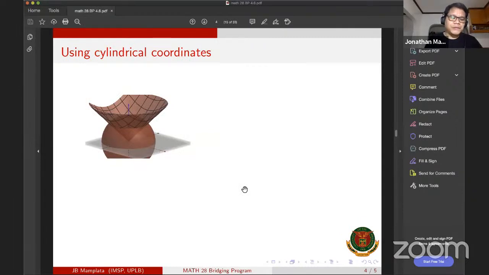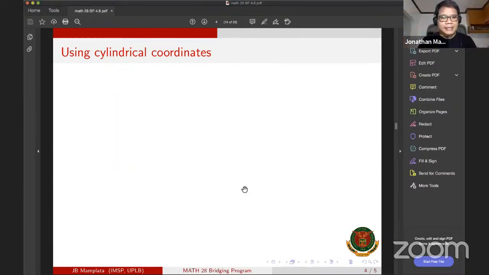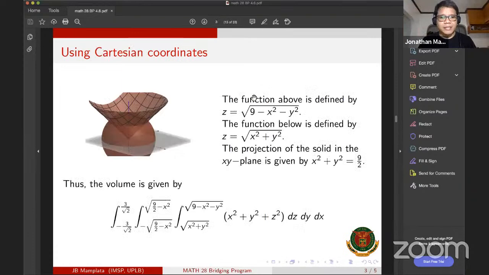And of course, yung functions natin above and below will also be expressed in terms of cylindrical coordinates. Okay? So yung function above natin, again, is the sphere. Kanina, sphere siya given by this. Square root of 9 minus x squared minus y squared.